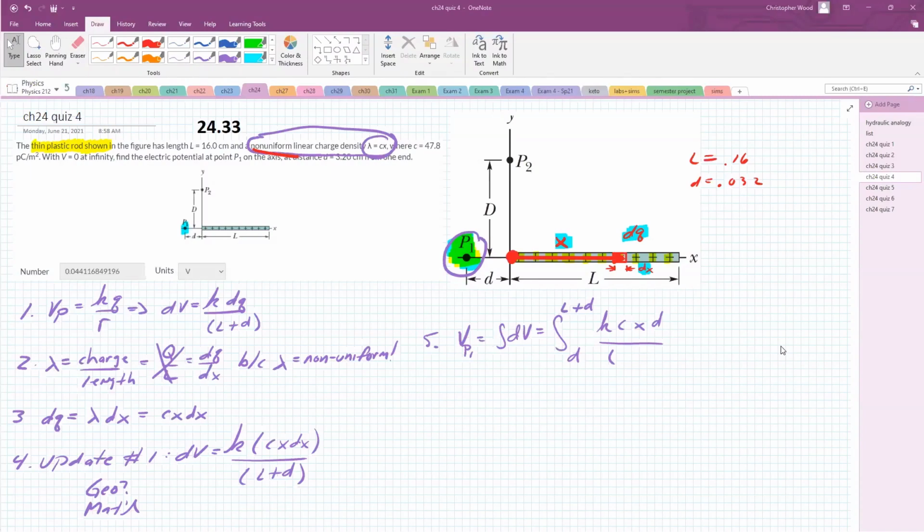I'm going into chapter 24, quiz 5. Chapter 24, quiz 5 should be problem 37. It is.